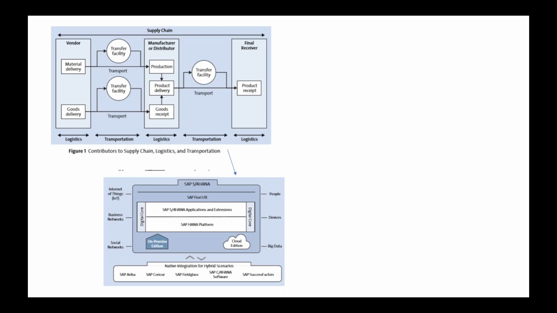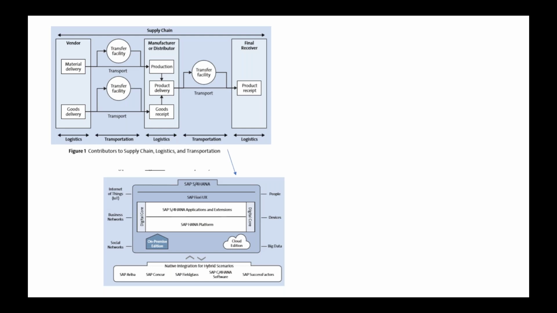You know the meaning of S? Simplification. Yes, S means simplicity, right? And 4 means? Fourth generation. No. You see, in R3 we call it R by 3, right?